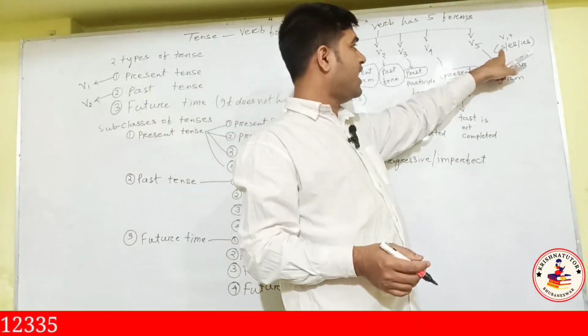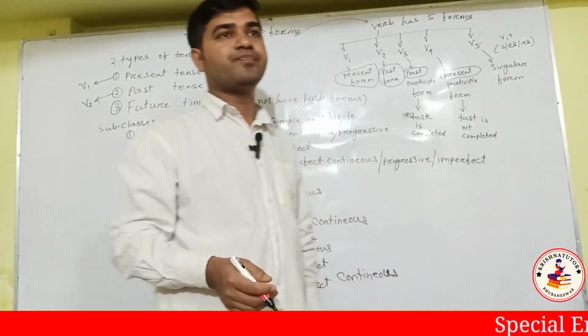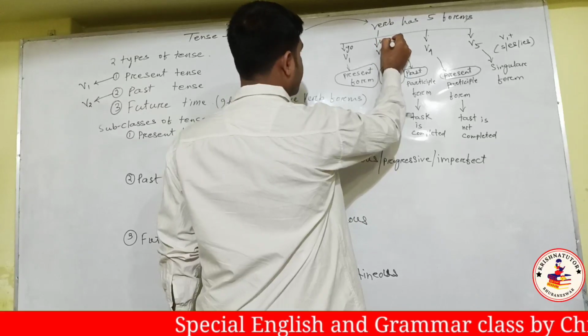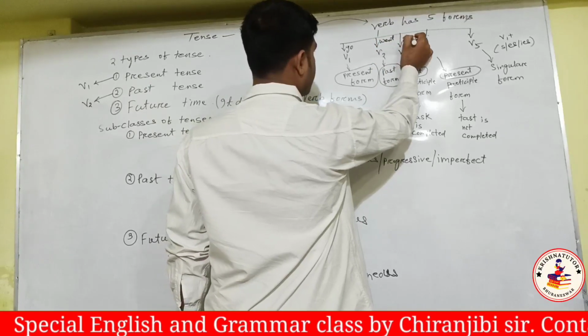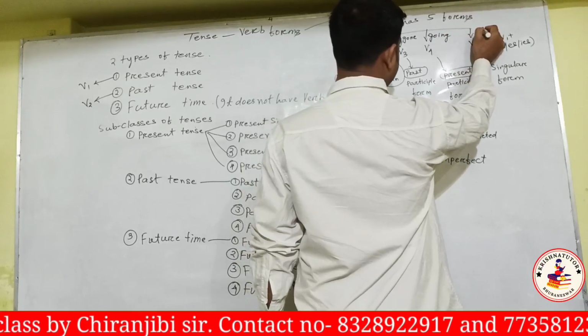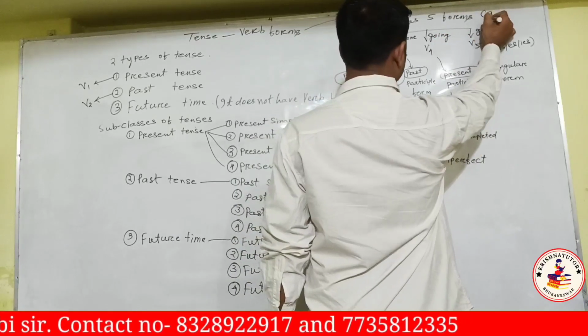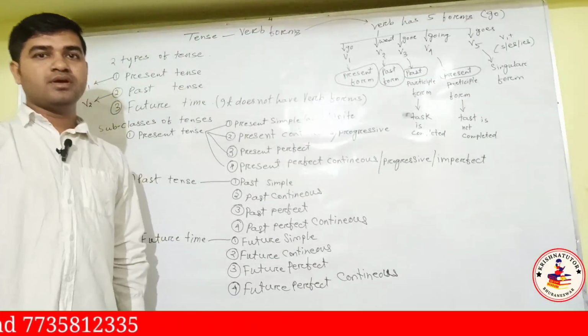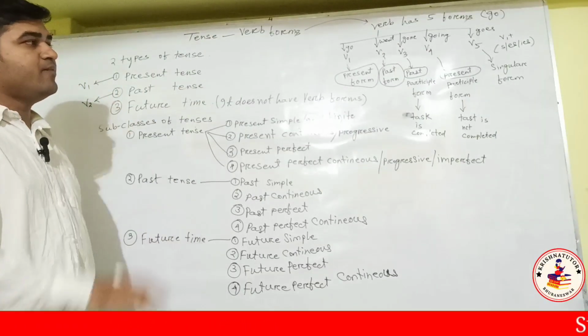In V5 form, we add s or es to the verb. For example, with the verb go: go, went, gone, going, goes. These are the 5 forms of go.